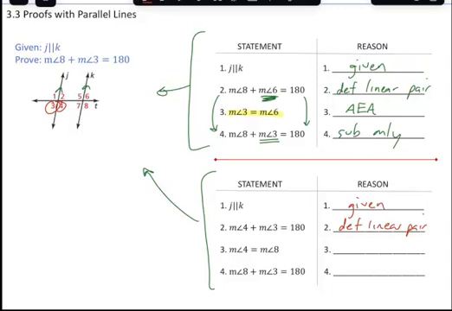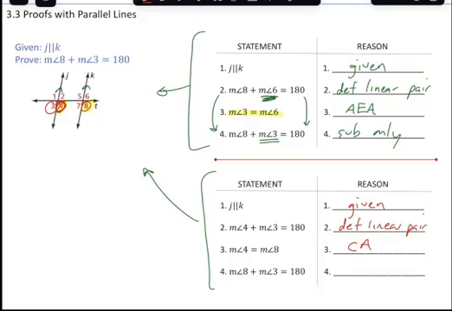And so now when you look at the next statement, angle 4 and angle 8, how are those related to each other? Same side of transversal, one in the interior, one in the exterior. What kind of angle pair is that? Corresponding angles, good. So by CA, corresponding angles of parallel lines are going to be equal.